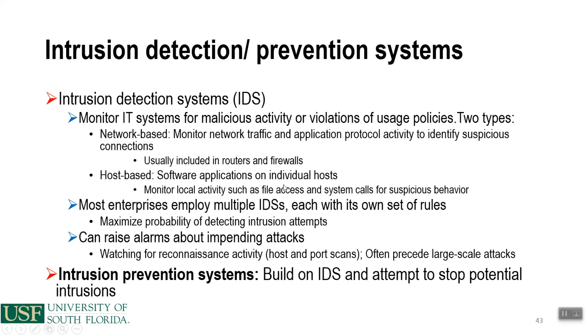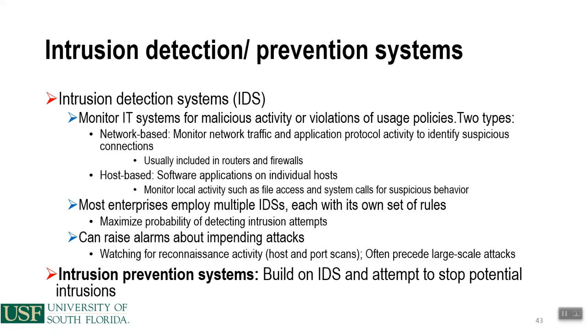Host-based is software applications on individual hosts, so they'll monitor local activity such as file access and system calls for suspicious behavior. Most enterprises will actually employ multiple IDSs, each with its own set of rules. And it can raise alarms about impending attacks, so watching for reconnaissance activities such as host and port scans and so on. This often precedes large-scale attacks.